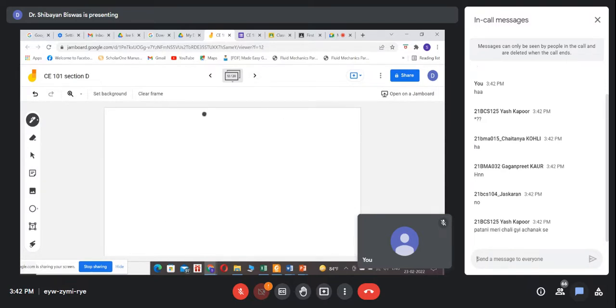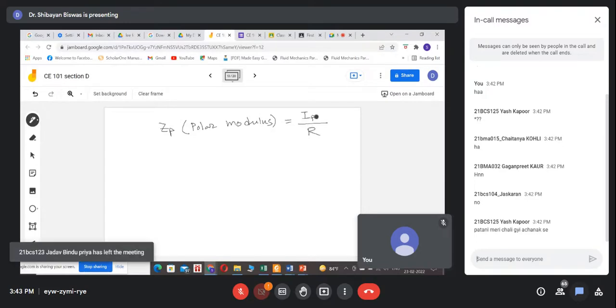I am rewriting this part here. So ZP, or polar modulus, is equal to IP by R. That means the polar moment of inertia of the shaft about the shaft axis, and this R is the maximum radius.